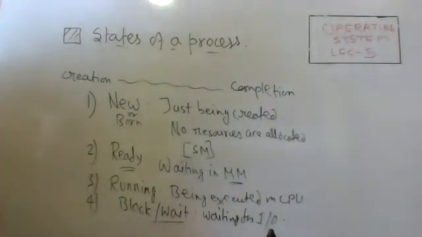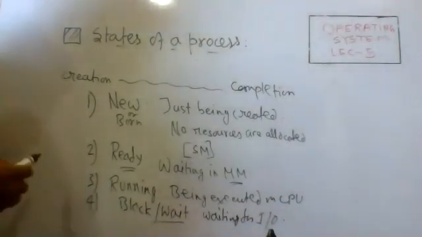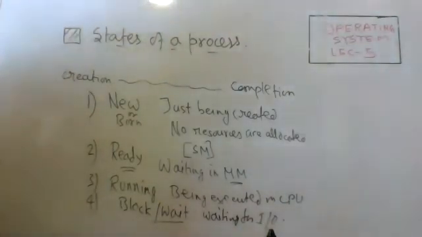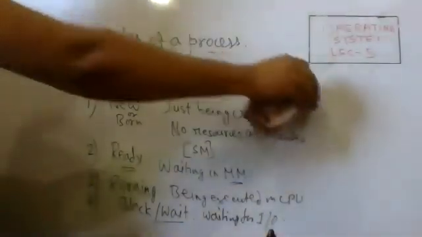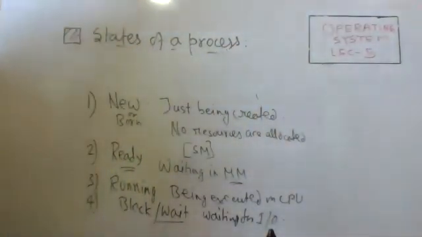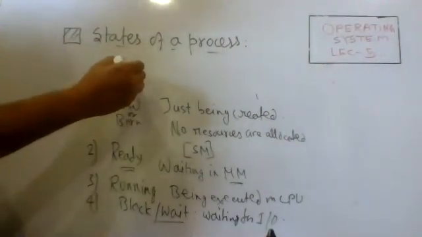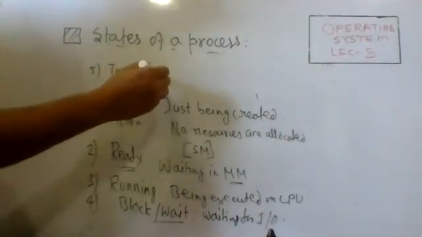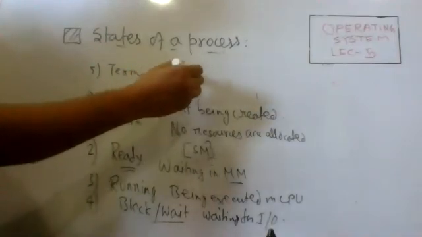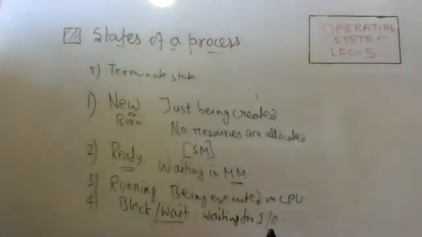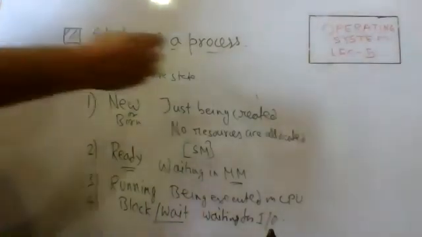This is wait state. And another state, number 5, this is terminate state. Here the process has finished execution and its PCB will be deleted, just finished.